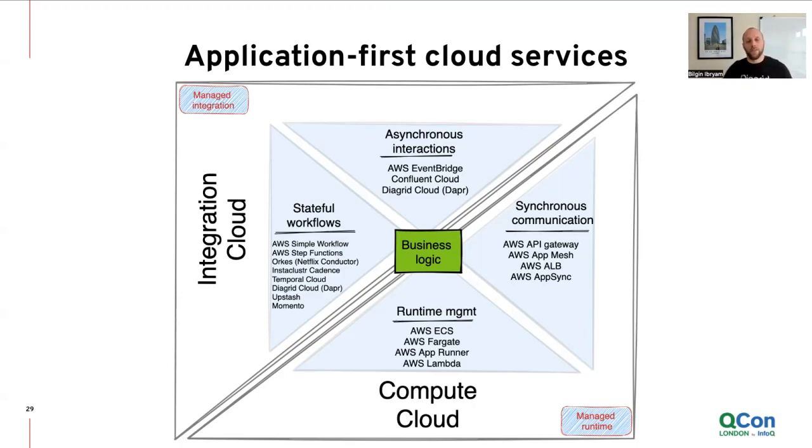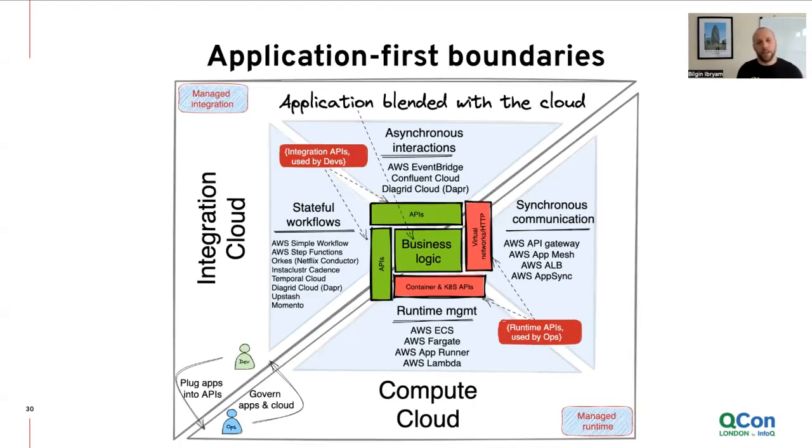And collectively, all of those represent an integration cloud. All of these services are created for developers first and not for ops, and they are typically fully managed and serverless.